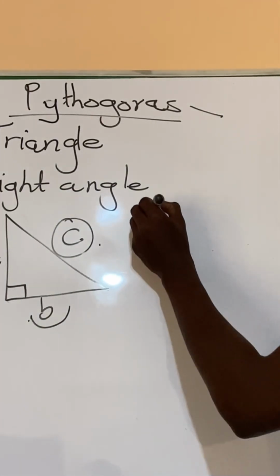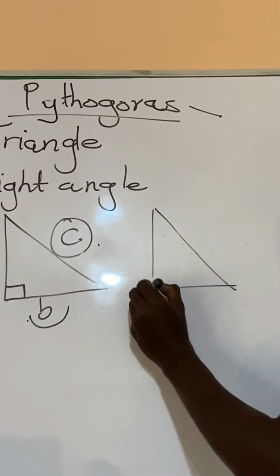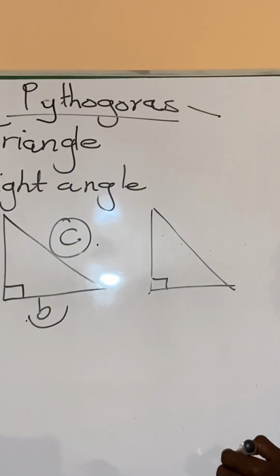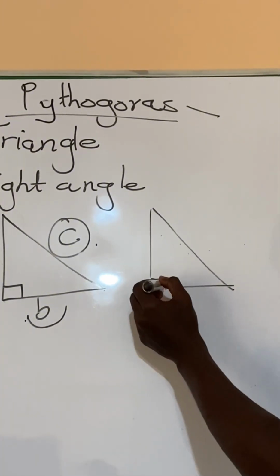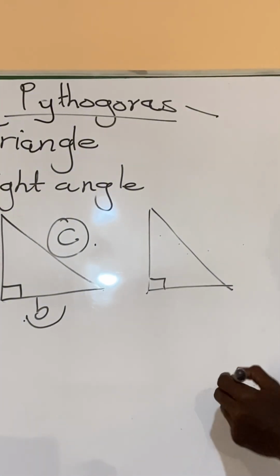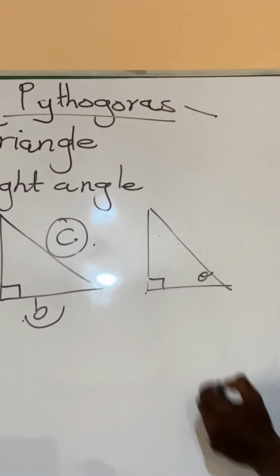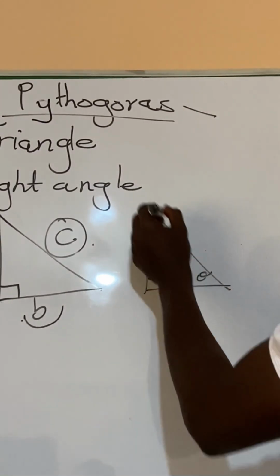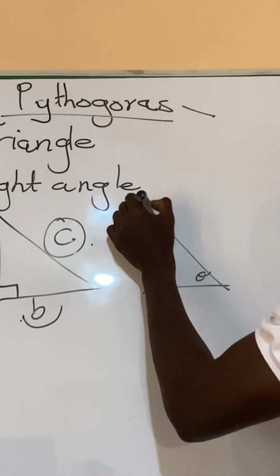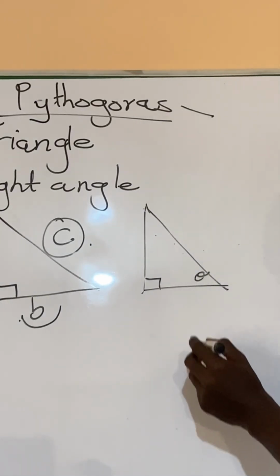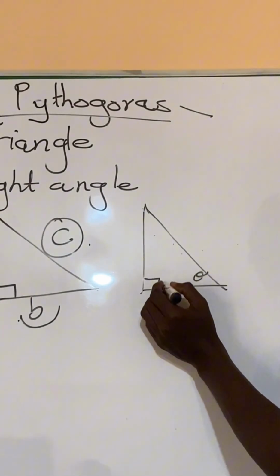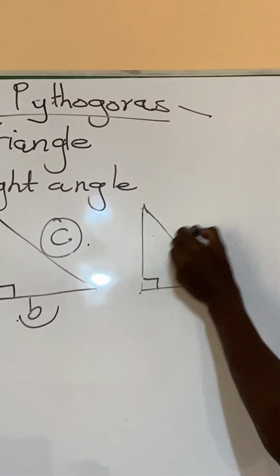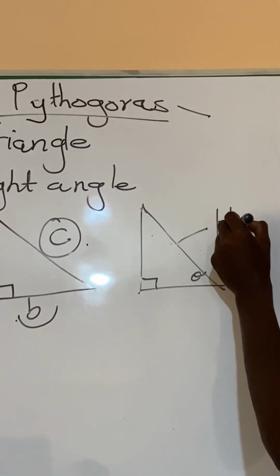But before that, let's get to know what the names of these sides are. With any triangle with an angle as 90 degrees and maybe another angle given as theta, the longest side of the triangle, and also the side that is always opposite to the 90 degrees angle, is referred to as our hypotenuse.